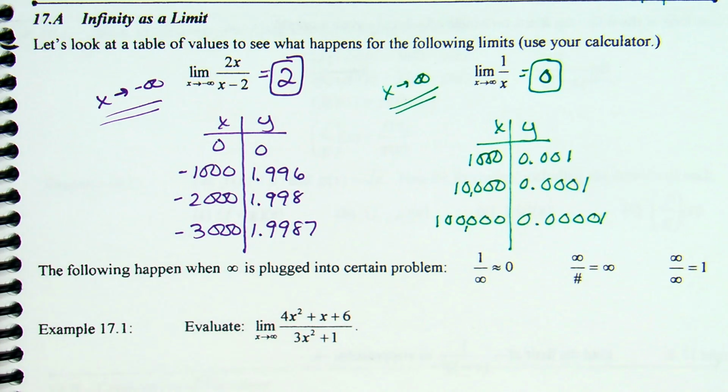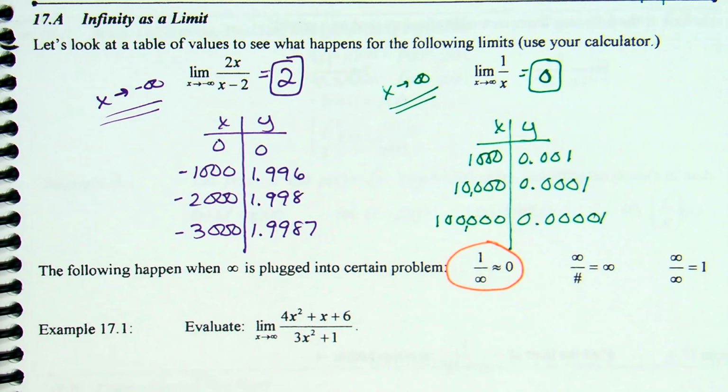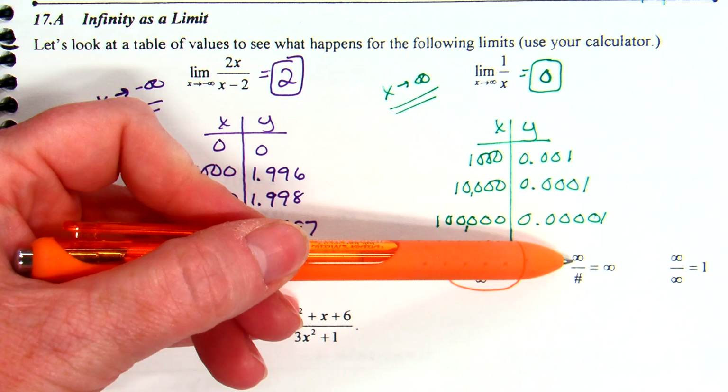That fraction is getting smaller and smaller, and thus it is approaching 0. We're not saying it's necessarily going to equal 0, but it's getting closer and closer to 0 the bigger that denominator gets. And that's if your numerator is just a constant number, whether it be 1, 5, or 5,000. Okay? Now, the flip side.